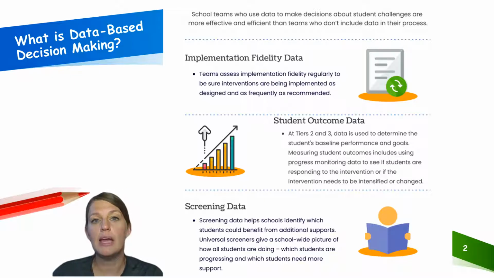And so when we're looking at implementation, it's important for teams to do a check-in to see, is our intervention that we recommended happening as regularly as we planned? Is it happening as we designed it or as we intended it to do? And is it happening frequently enough?